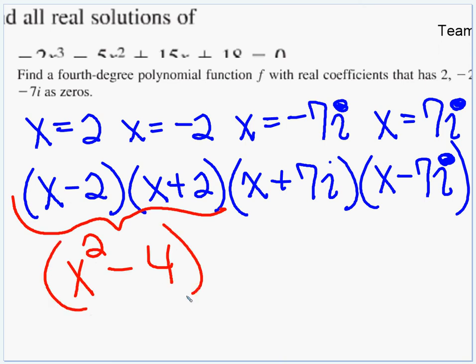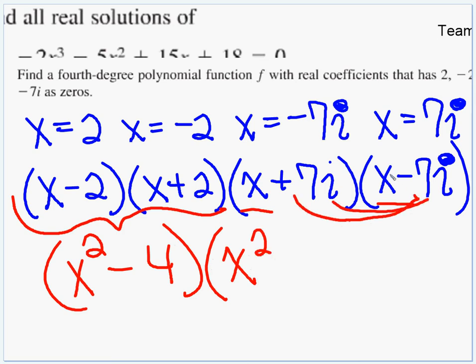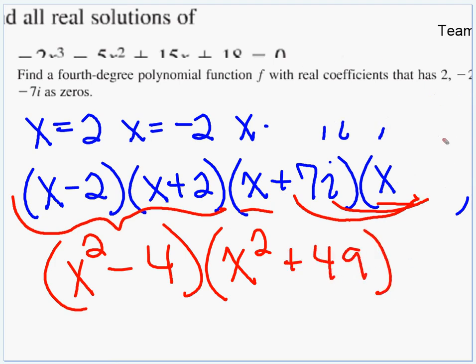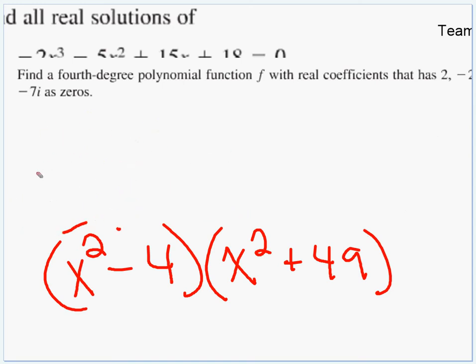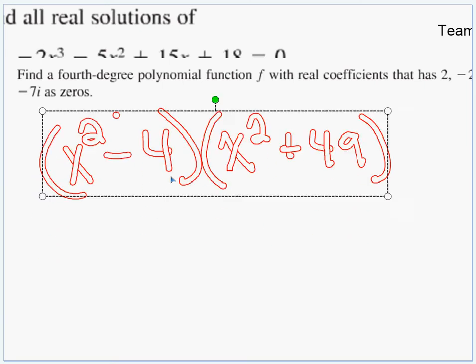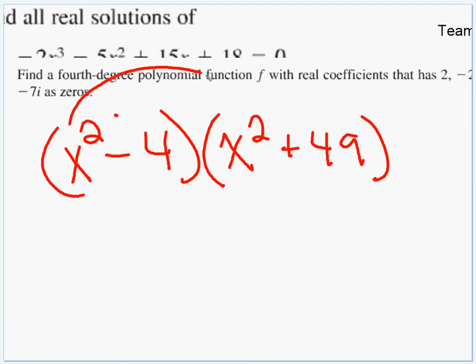And that gets multiplied by here. x times x is x squared. And then we'll have a minus 49, but the i squared will turn that to a plus 49. And the foiling continues. x squared and x squared is x to the 4th.